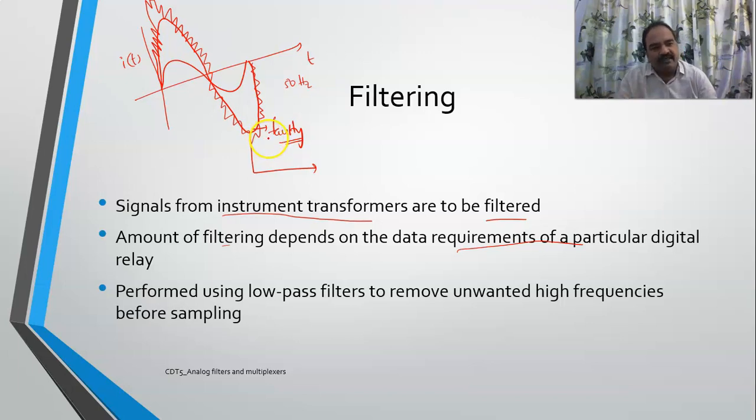In order to analyze the signal, we don't need this type of higher order components. If you see it in a frequency spectrum, it has a good fundamental component, but it has multiple harmonics. Those harmonics are to be reduced before you convert into digital form.